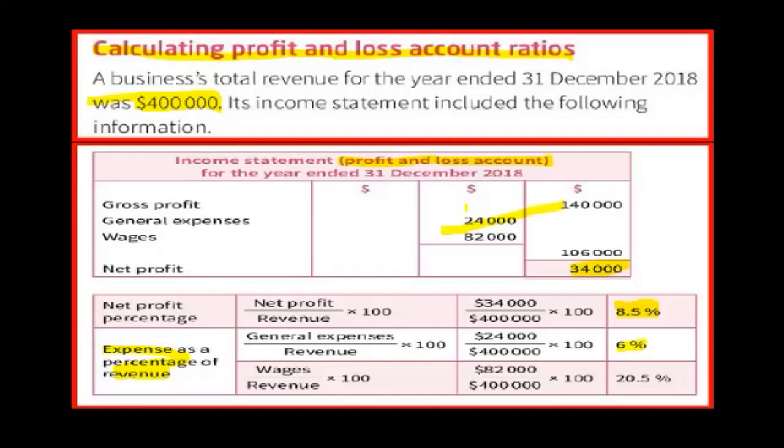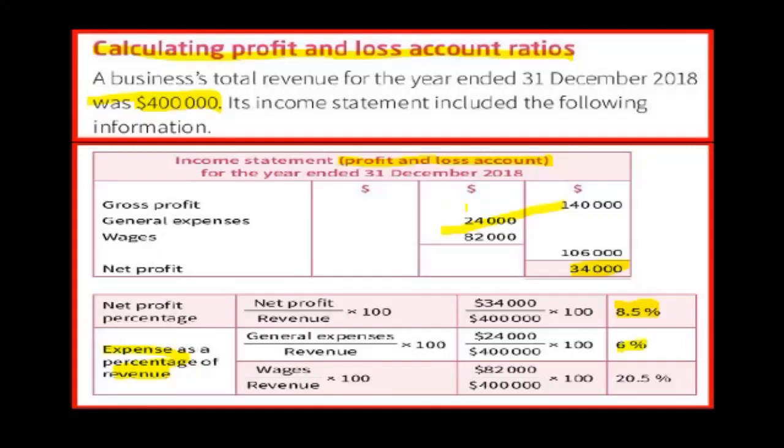So what this is telling us is that for every $100 of sales, 6%, or $6, is spent on general expenses.